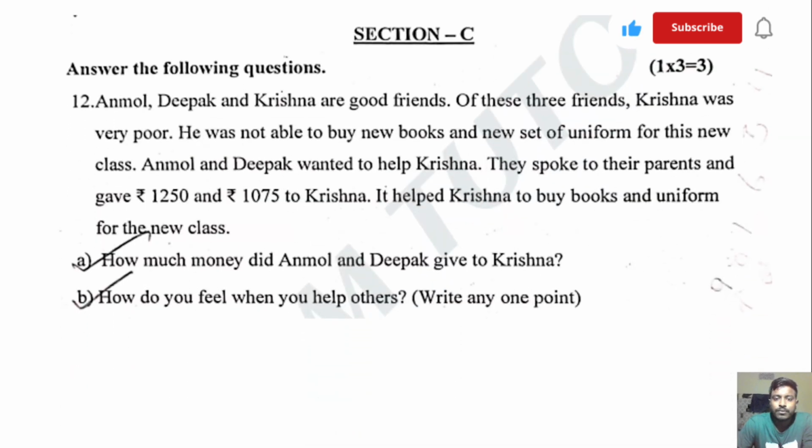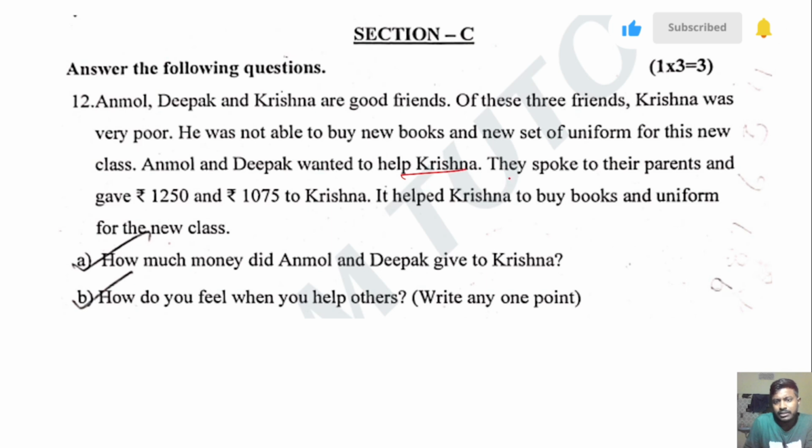Next question, section C, question number 12. Anmol and Deepak and Krishna are good friends. Of these three friends, Krishna is very poor. He was not able to buy new books and a new set of uniform for the new class. Anmol and Deepak wanted to help.